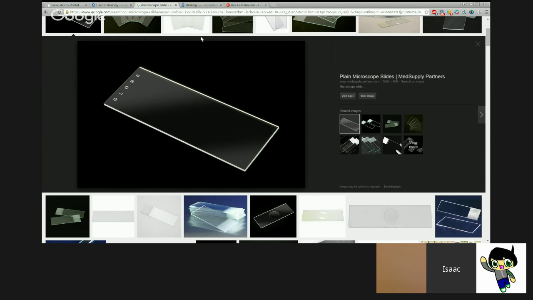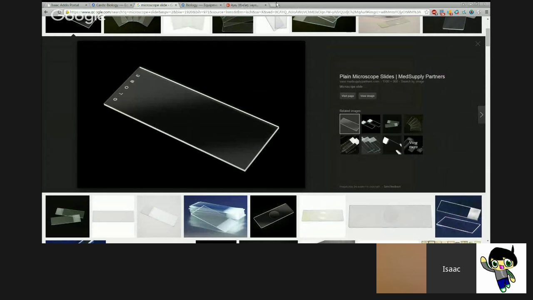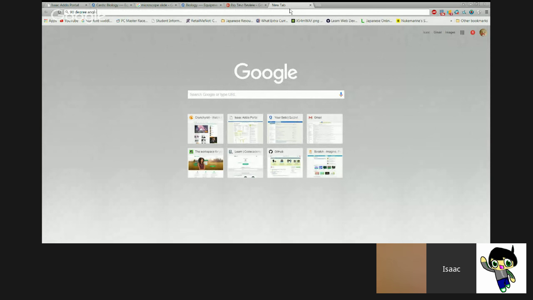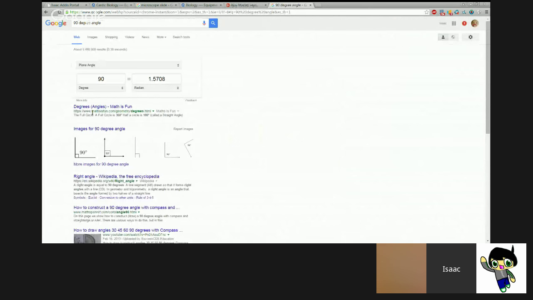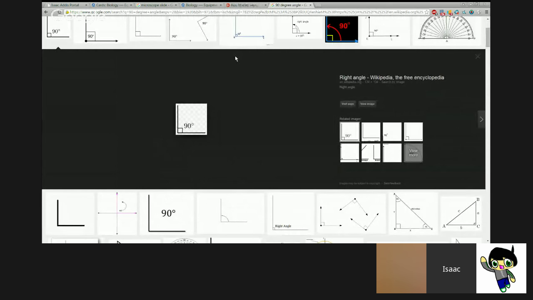It's pretty simple. We're going to hold the cover slip at a 45-degree angle. If you want to envision that, take for example this 90-degree angle. If you remember from geometry, we can bisect this angle into 2 congruent 45-degree segments, so it's half of this measure.